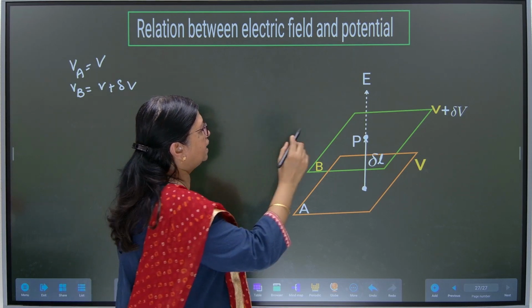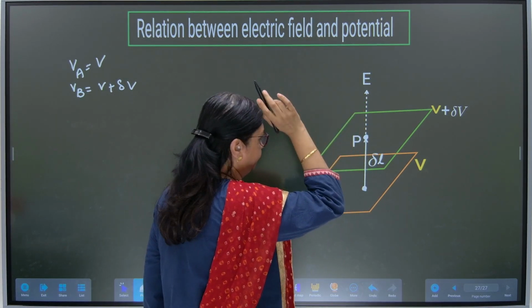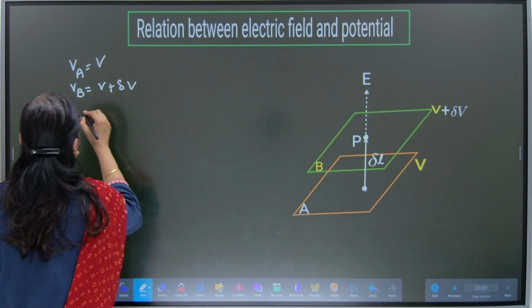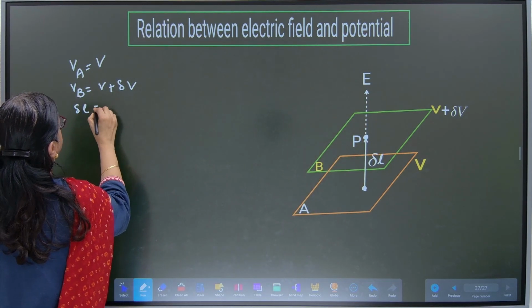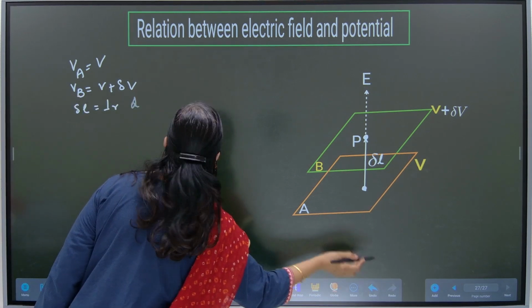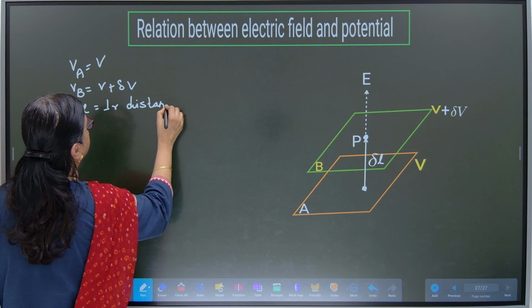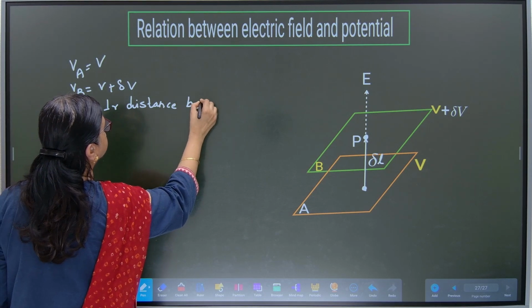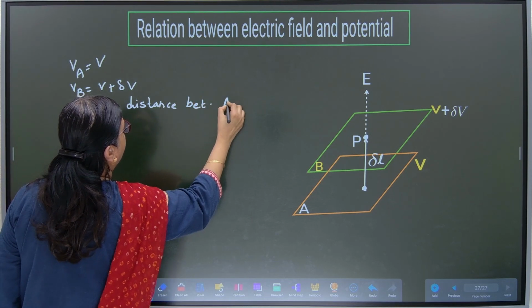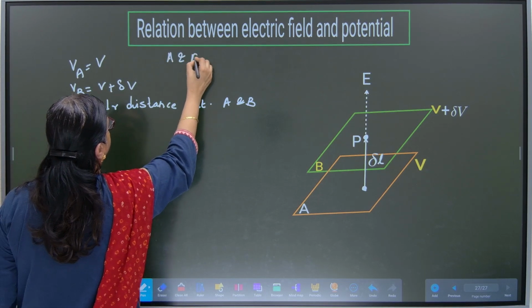Now let us consider that the electric field is upwards as shown. Delta L is the perpendicular distance between A and B. What are A and B?